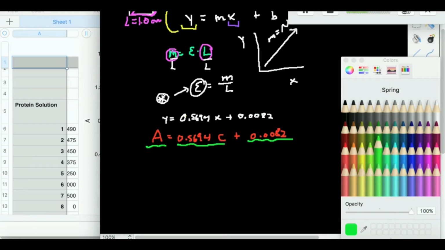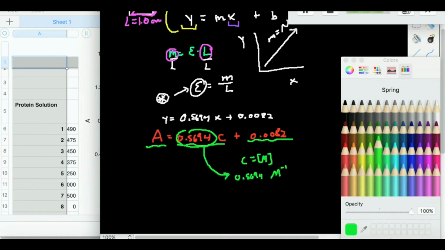If concentration were in units of molarity, what would the units of this number have to be in order to cancel molarity? It would have to be 0.5694 inverse molarity, because inverse molarity times molarity becomes unitless. That's how you determine the units of this part right there.